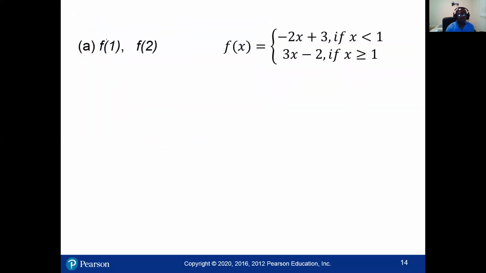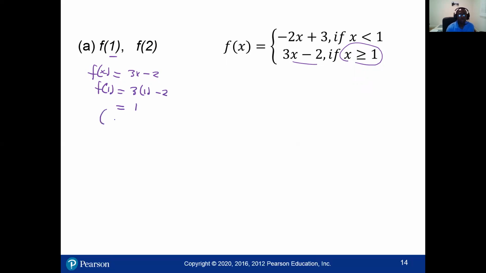Okay. F of 1, notice that f of 1 is part of this domain, so we use the second one. For f of 1 we use 3x minus 2. So let's evaluate when x is equal to 1. That's 3 times 1 minus 2, which gives us 3 minus 2, which is 1.